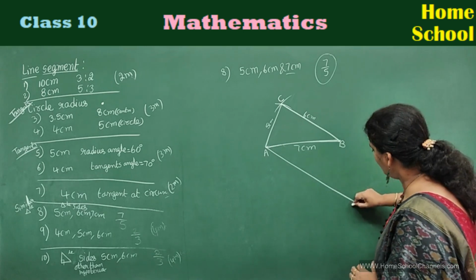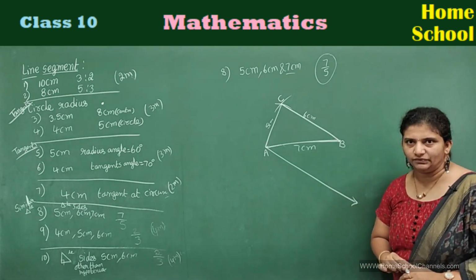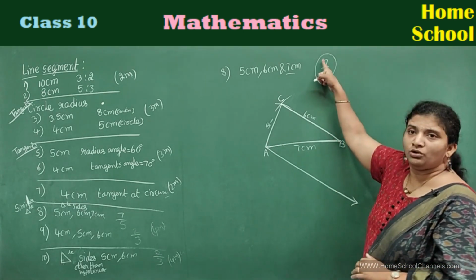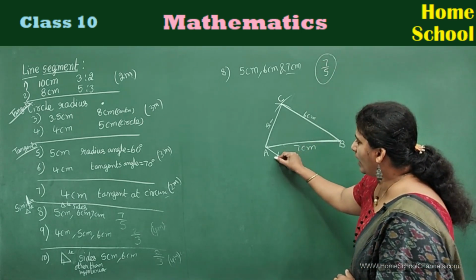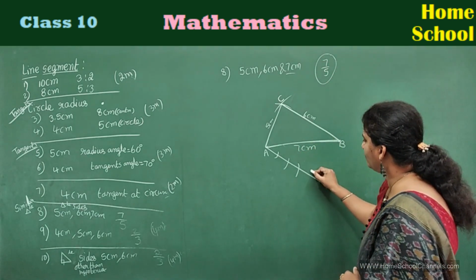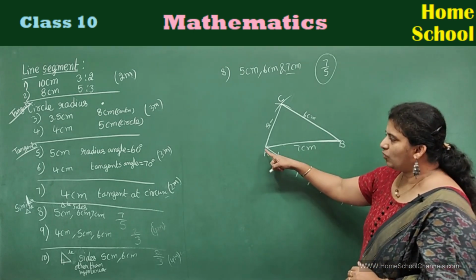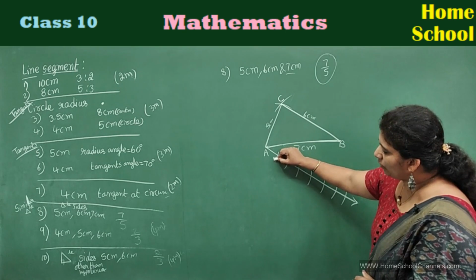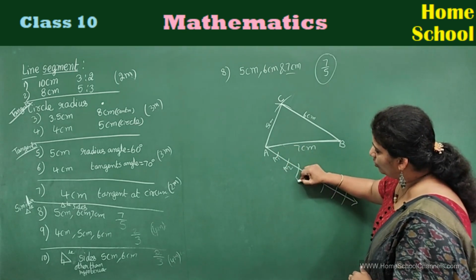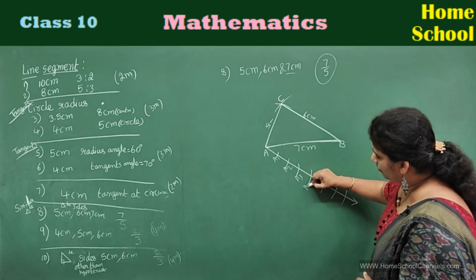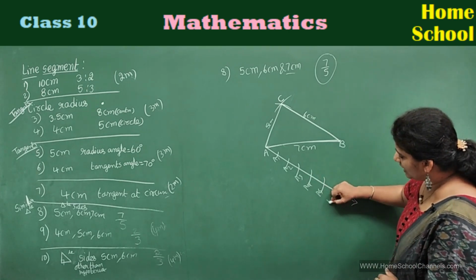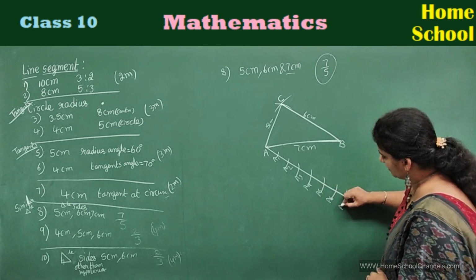Draw a ray which is acute. How many arcs do I need to do? 7 arcs. 1, 2, 3, 4, 5, 6, 7. And what are the letters? A1, A2, A3, A4, A5, A6, A7.